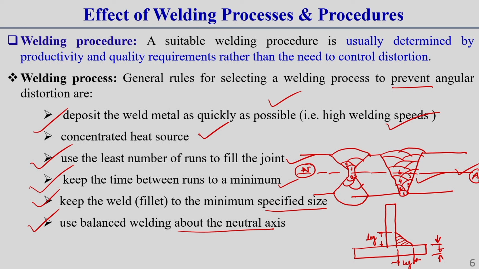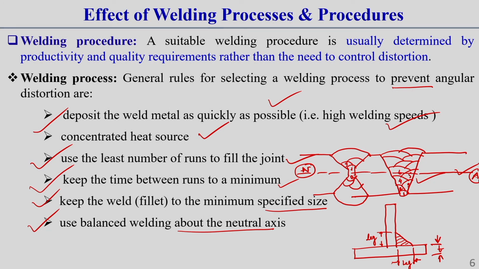So, if these two forces are equal, then your deformation will be minimized or nullified. Once we can balance this shrinkage force on the top and bottom side, we can minimize the residual distortion, correct. That is possible once we do the welding about the neutral axis in a balanced way.